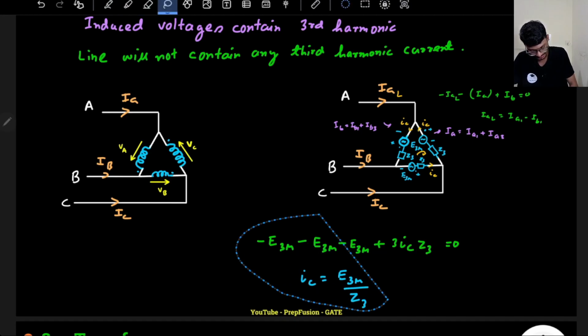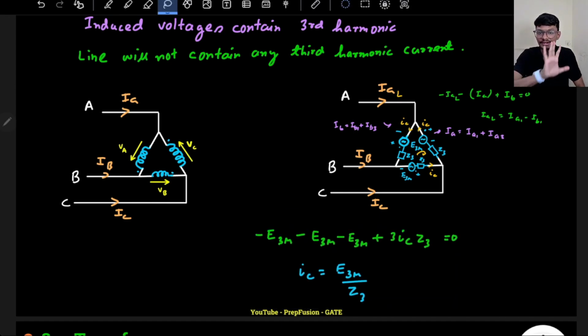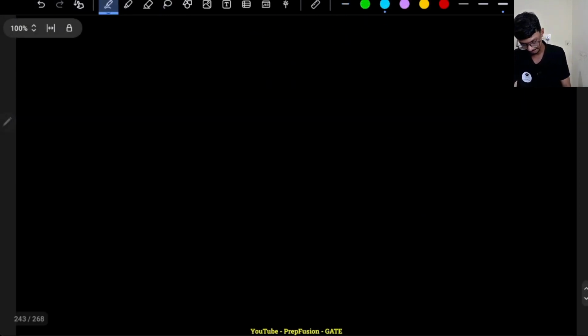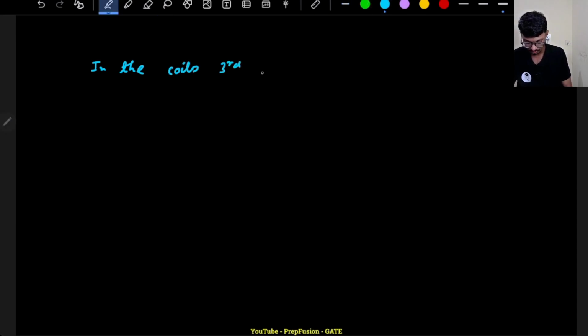So the thing here is that actually I'm not suppressing any third harmonic current. So in the coils, third harmonic current is flowing. So the conclusion is, in the coils, third harmonic current will flow.